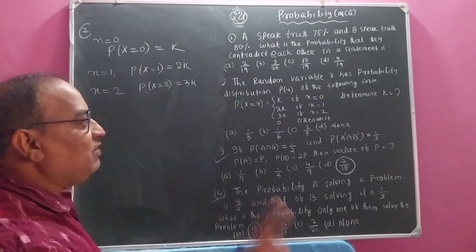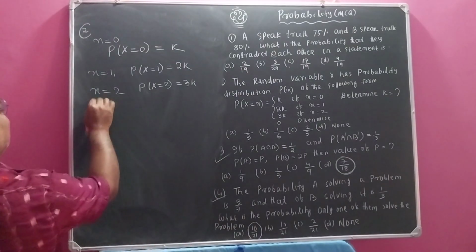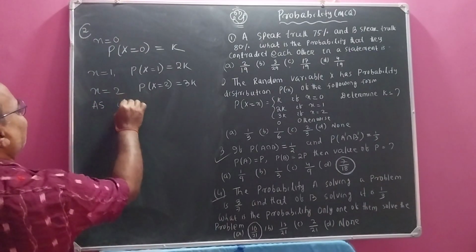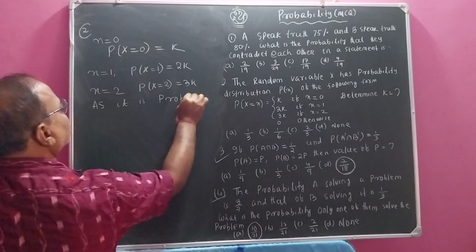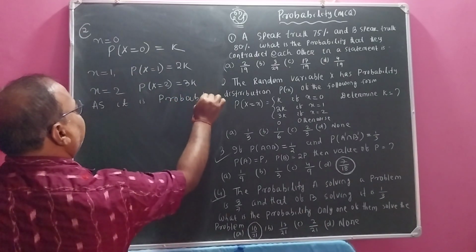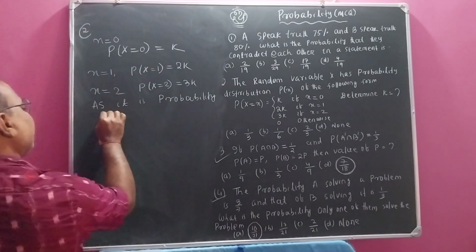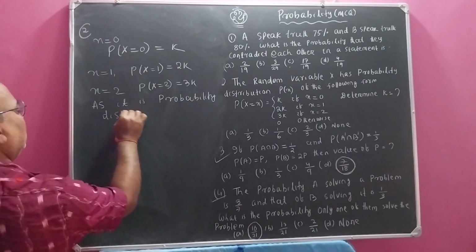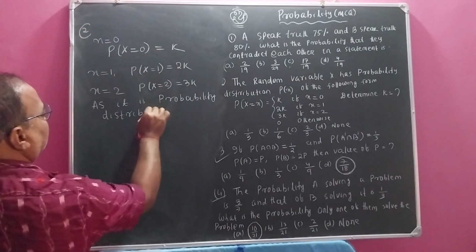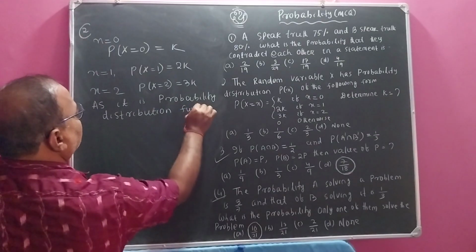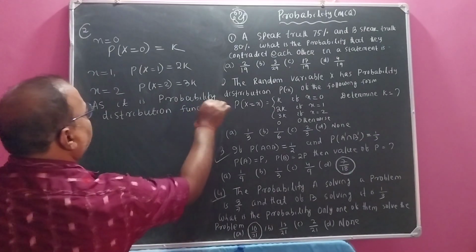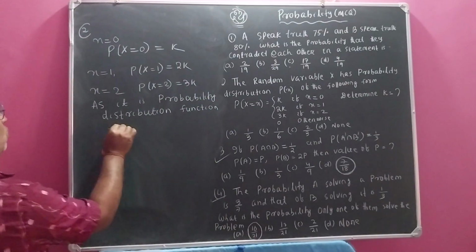As it is a probability distribution function, so the sum of the probabilities must be equal to 1.